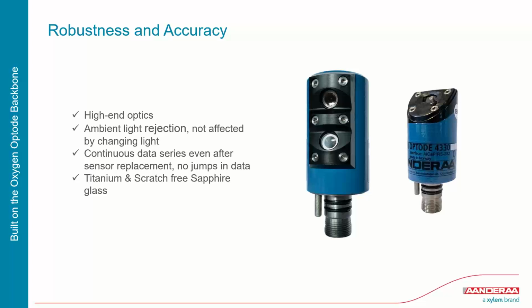So there'll be no jumps in the data, which you may experience when you're replacing sensors from vendors that don't do a complete calibration, where you do have to sort of adjust them in. We're using titanium, and we have a scratch-free sapphire glass, which is also a learning from working with similar types of designs in the Optode product family.